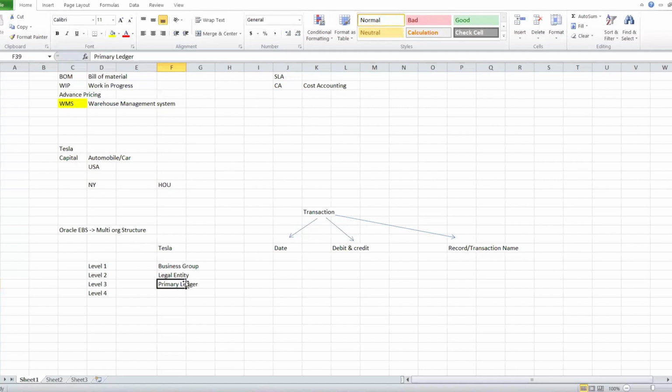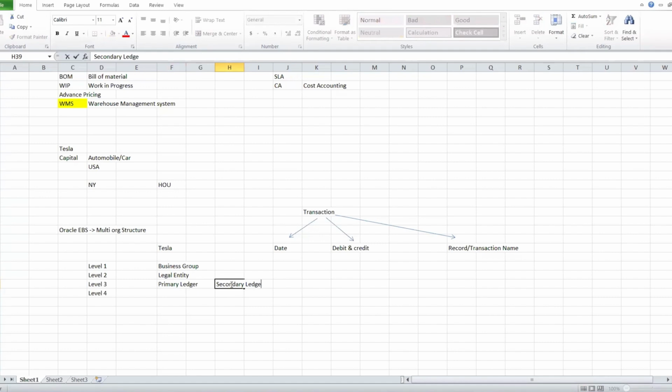Now, let me give you one example. In India, we have a ritual of having a nickname. Parents will call you by a nickname. In your country also, at home your parents will call you by X, but in your legal documents you have the name Y. So one legal entity keeps one primary ledger and may keep one secondary ledger as well.